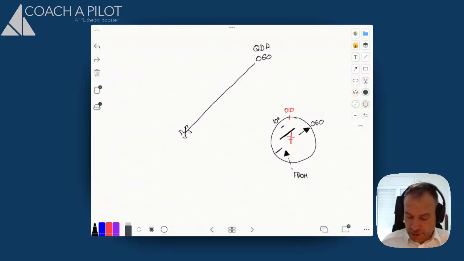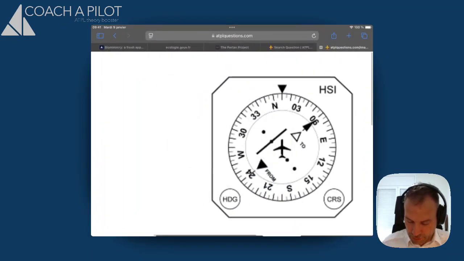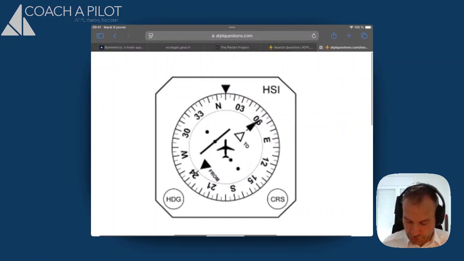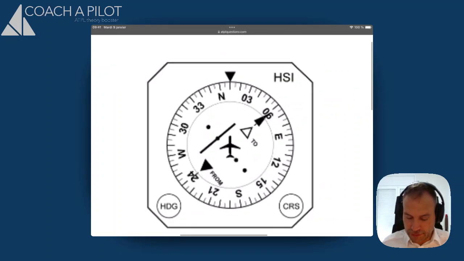Okay, so if we observe the HSI, again, I put the figure that is provided in the question, we see that the aircraft is flying heading 010 magnetic, and it has the axis selected on its left side.